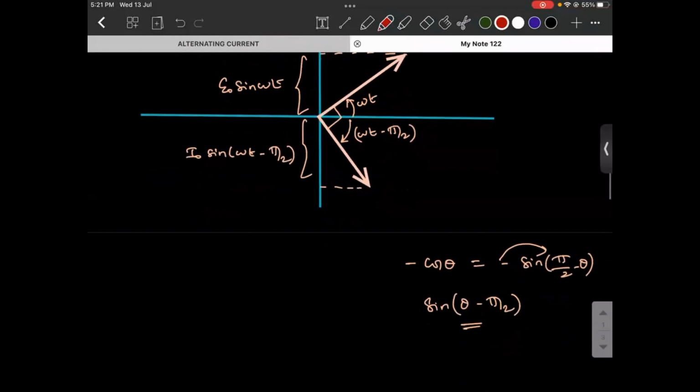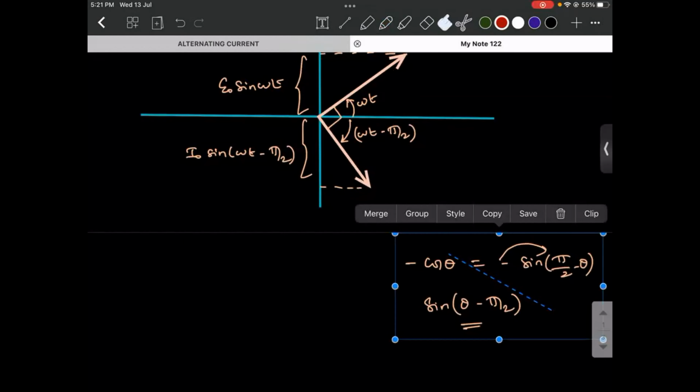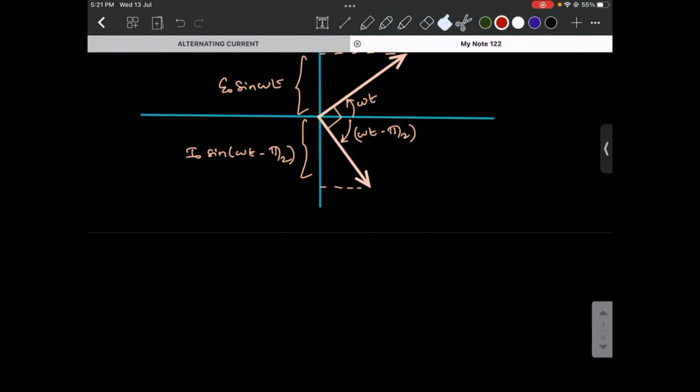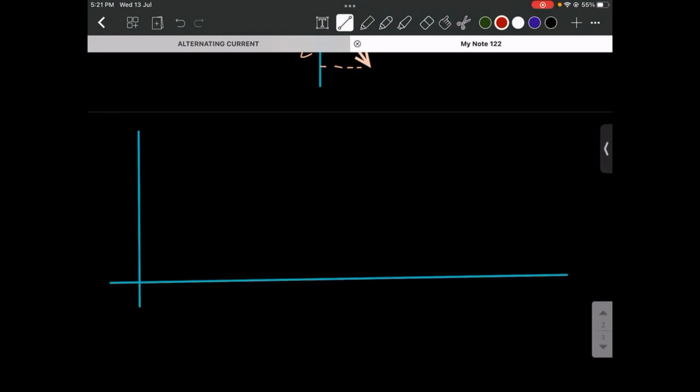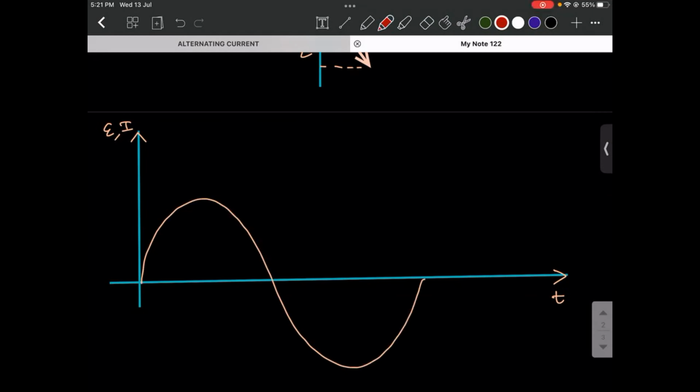So this is how the phasor diagram looks like. Right? Now we will try to draw the graph for it. EMF and current. This is the value of EMF. Now what can you say about the current? Current lags the voltage by pi by 2.